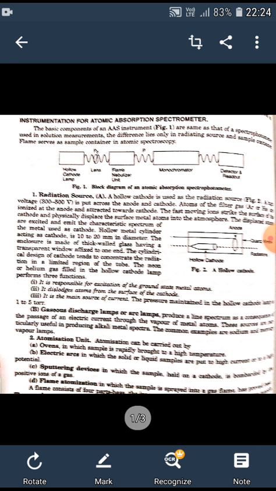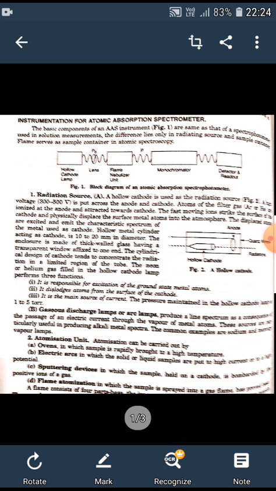Neon or helium gas is filled in the hollow cathode lamp, and it is responsible for excitation of the ground state metal atoms. It dislodges atoms from the surface of the cathode, and it is the main source of current. The pressure in the hollow cathode lamp is maintained at a value between 1 to 5 torr.